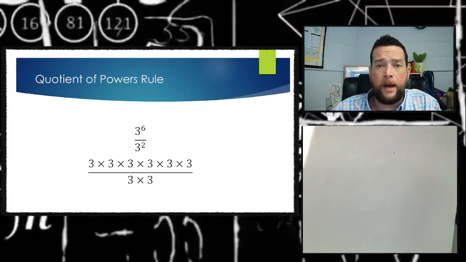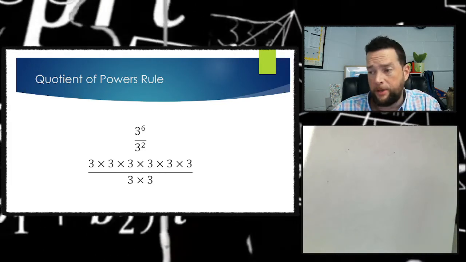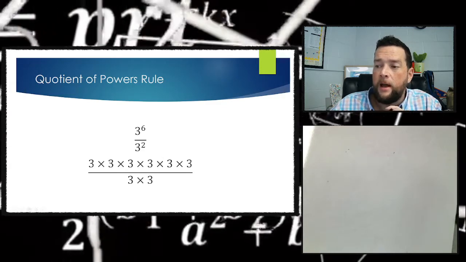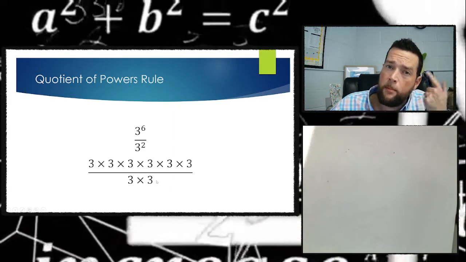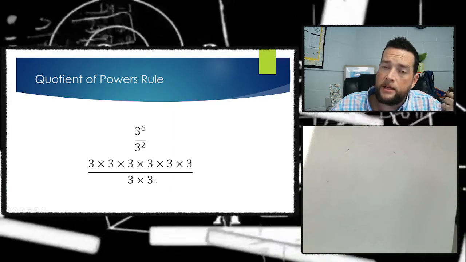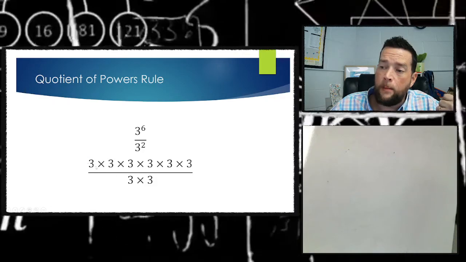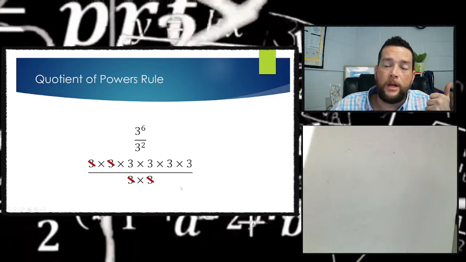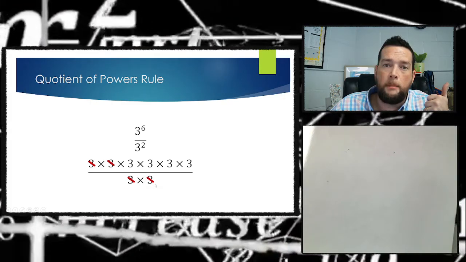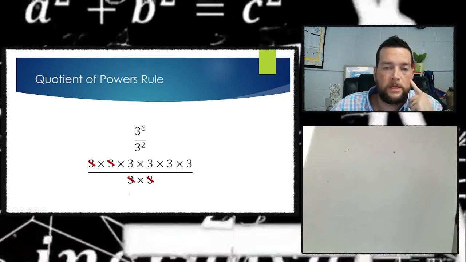And in the denominator, I have 2 3's multiplied by each other, all right? So notice I've got all these 3's on top and these 3's on bottom. If I just remembered the little trick that I talked about just a moment ago, that if I see a number on top that's also on bottom, it can cancel each other out. So these 2 3's on bottom cancel out 2 3's on top.